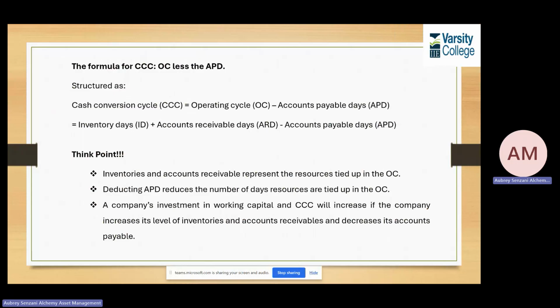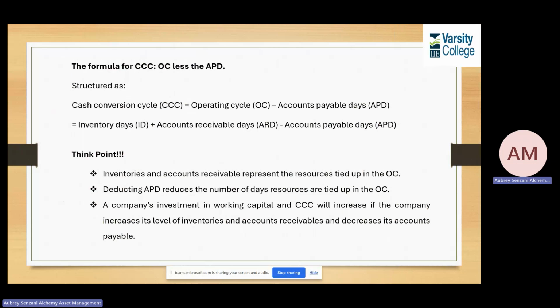So at the end of the day, we have put money in, our own money and also credit that we owe to our suppliers. That's why we look at inventories and accounts receivable as tied up resources. Deducting your accounts payable days reduces the number of days resources are tied up in your operating cycle.